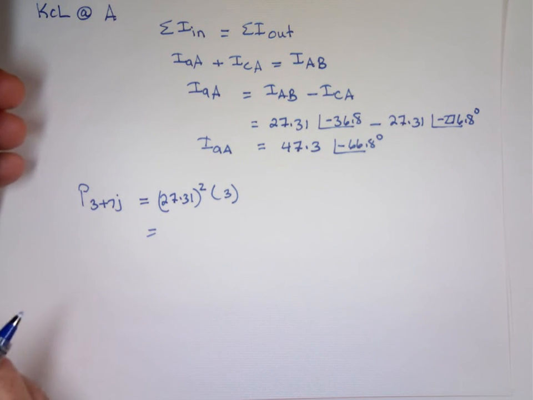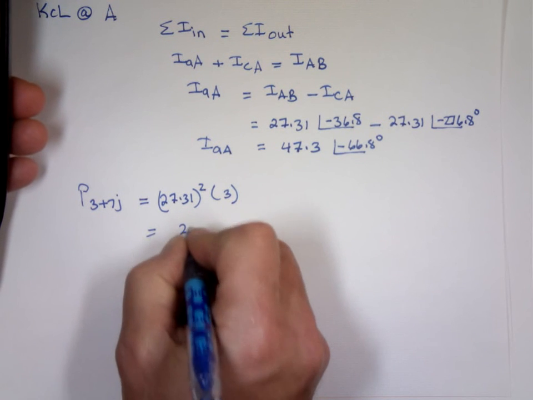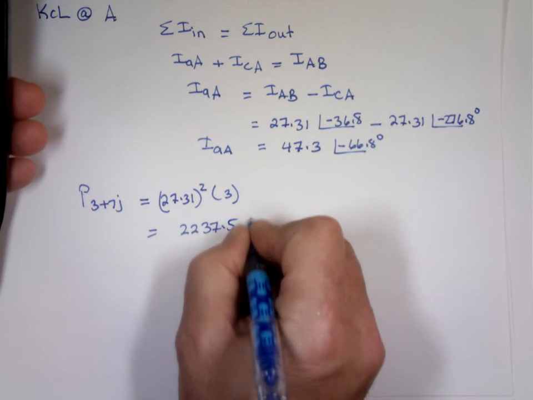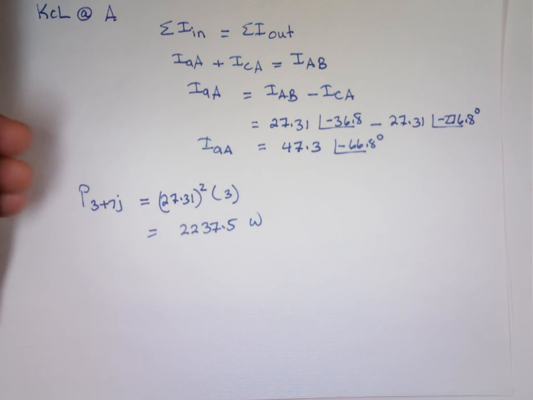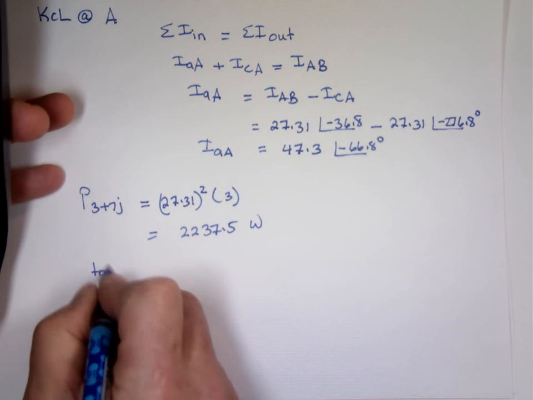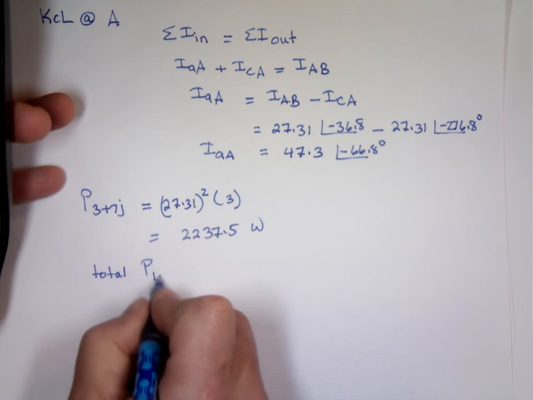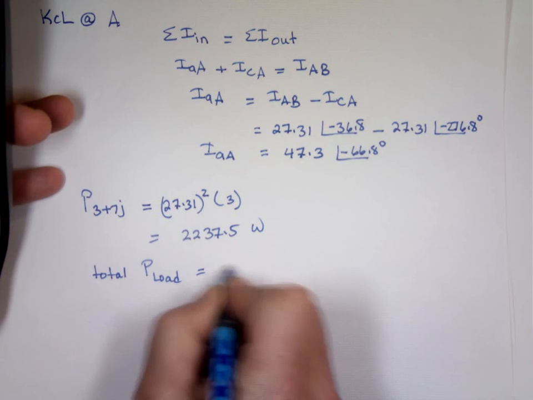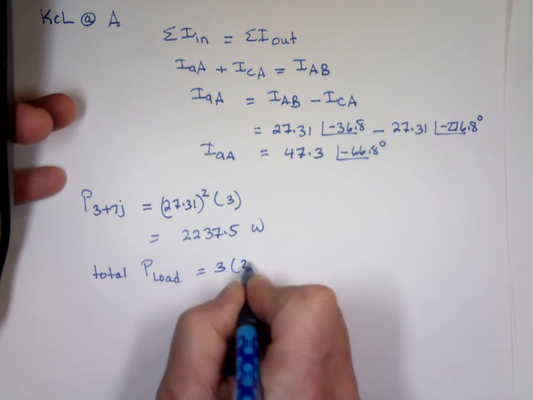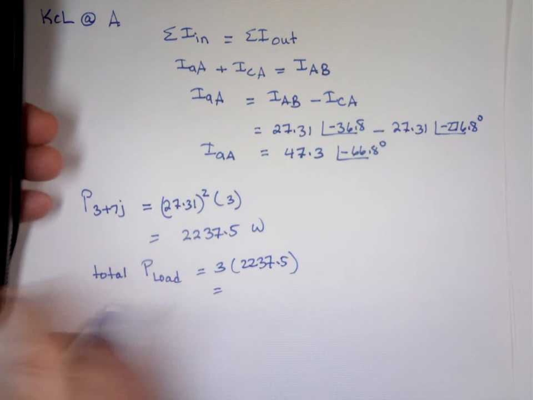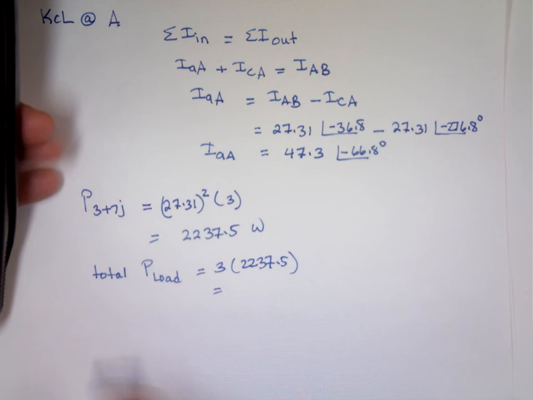It's 2237.5. For 3 phases, the total power is three times 2237.5, which is 6712 watts.